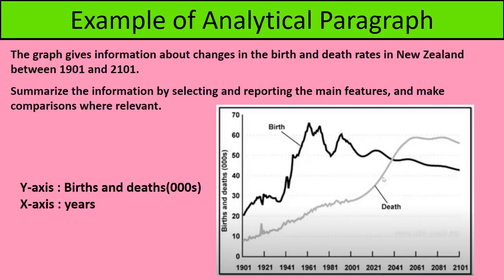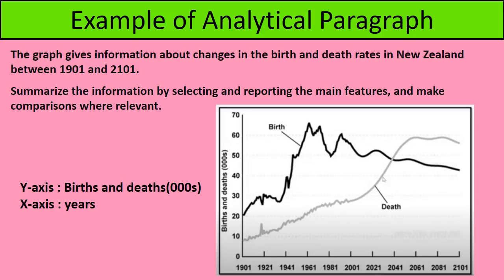Now summarize the information by selecting and reporting the main features and make comparisons where relevant. Now this is the line graph given to you. Let us study this graph first. Then only we will be able to make our analytical paragraph.